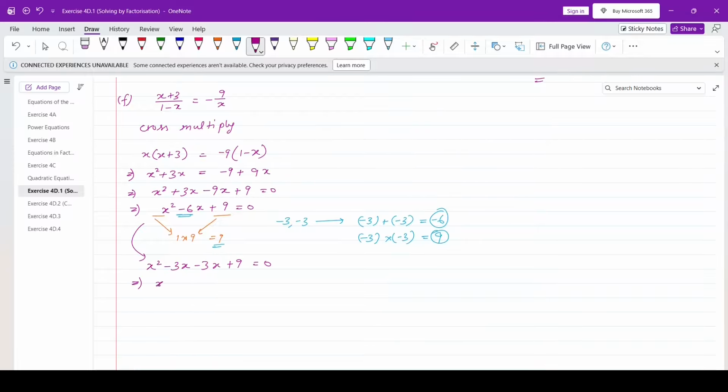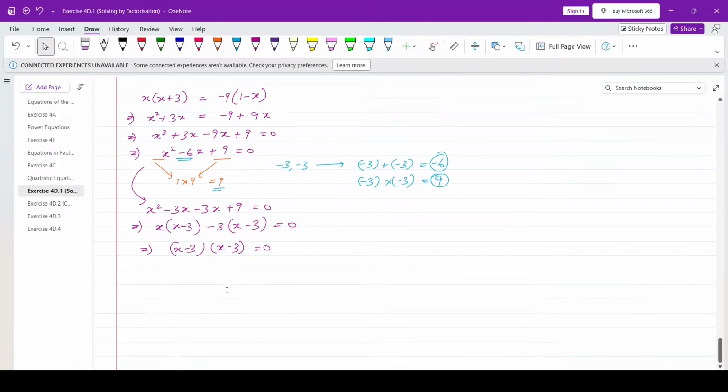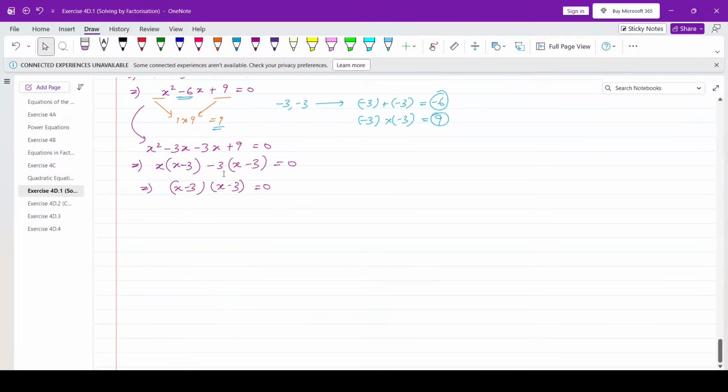0. Taking x common, x minus 3 remains inside the parenthesis. Taking -3 common, x minus 3 remains. Therefore, x minus 3 times x minus 3 is equal to 0. So, either x minus 3 is equal to 0 or x minus 3 is equal to 0. So, x is equal to 3, and from here x is equal to 3.